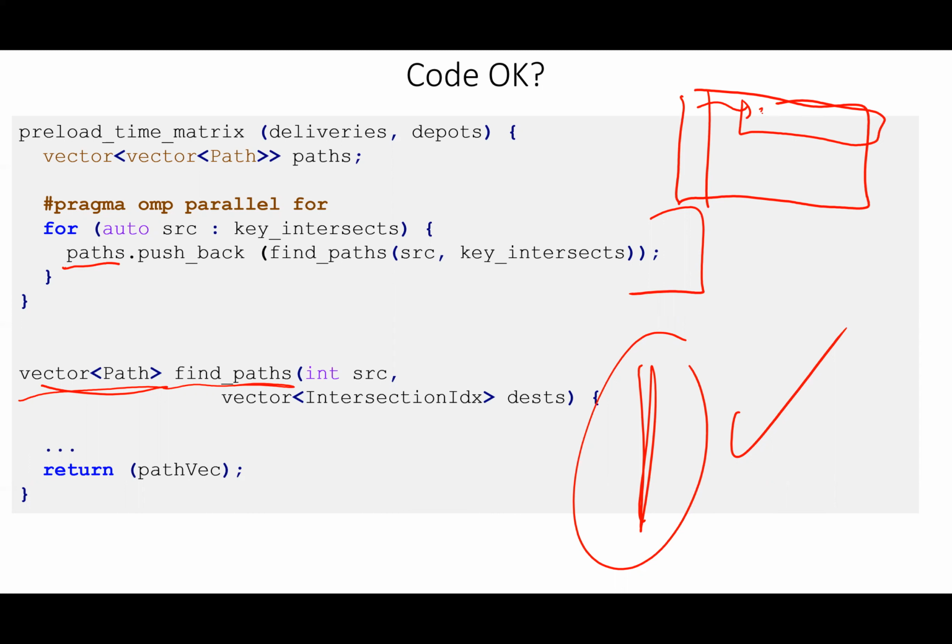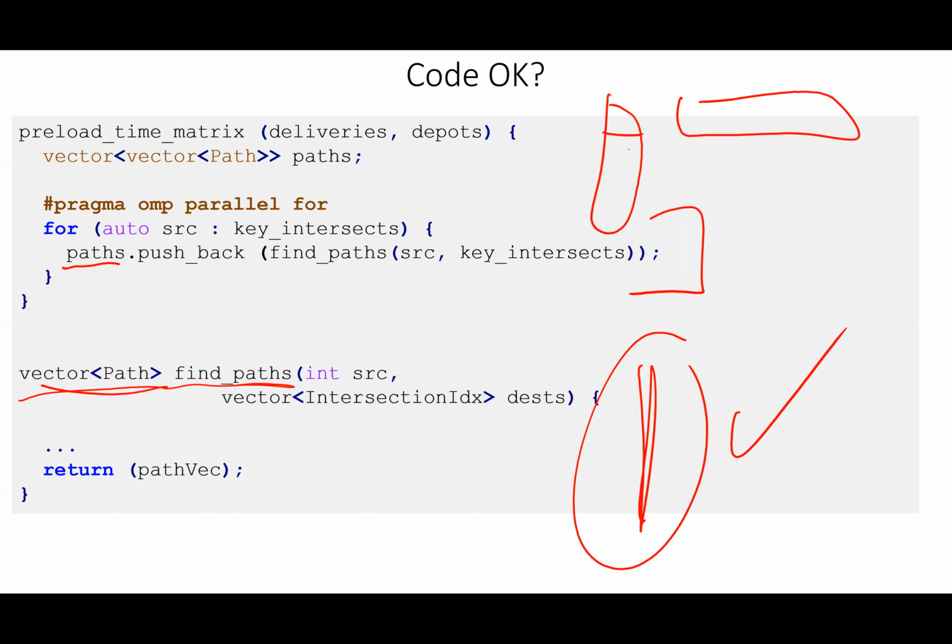So every call is getting one of these things, and we're adding another row to our matrix. So basically every call is putting one more element in the first dimension, and each element in it contains an entire row. So we're kind of pushing back to create one row at a time by just capturing what comes back from this find paths routine. So what do you think?